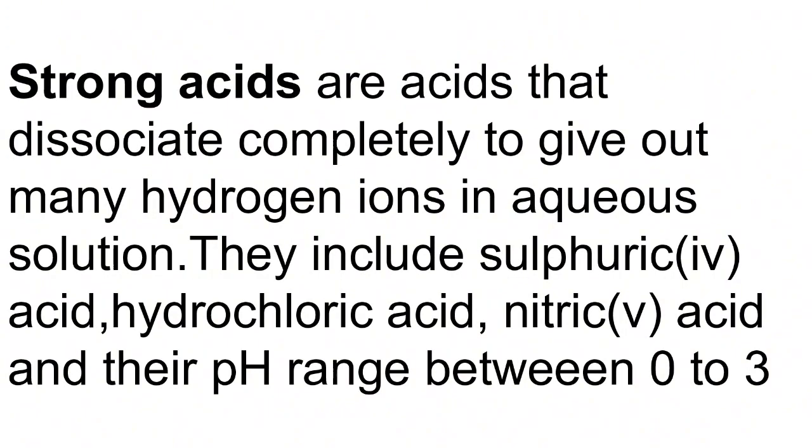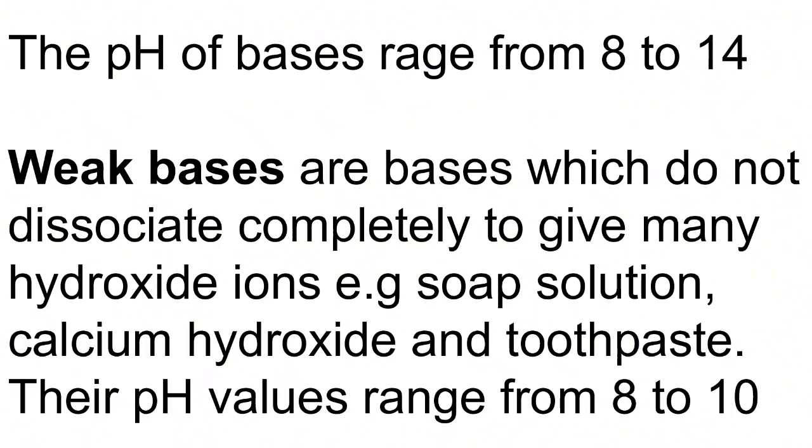Strong acids are acids that dissociate completely to give out many hydrogen ions in aqueous solutions. They include sulfuric acid, hydrochloric acid, nitric acid, and their pH ranges from 0 to about 3. Those are strong acids.